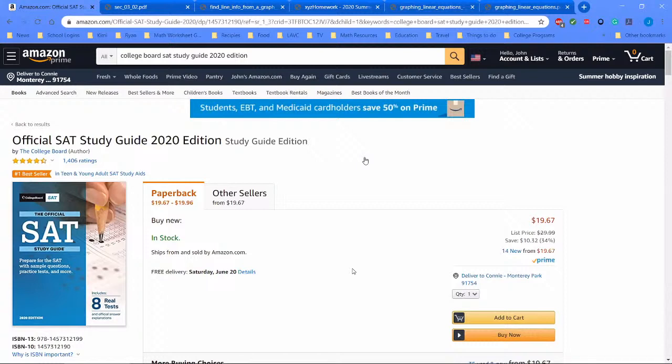Okay. Now, knowing that this is a thing that students do, what the SAT does is that for every section, they have the same number of A's, B's, C's, and D's.